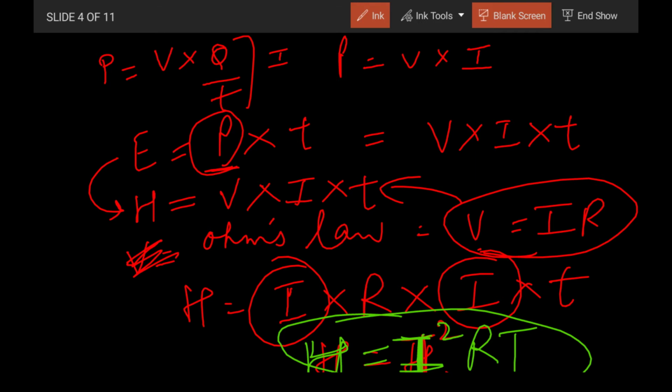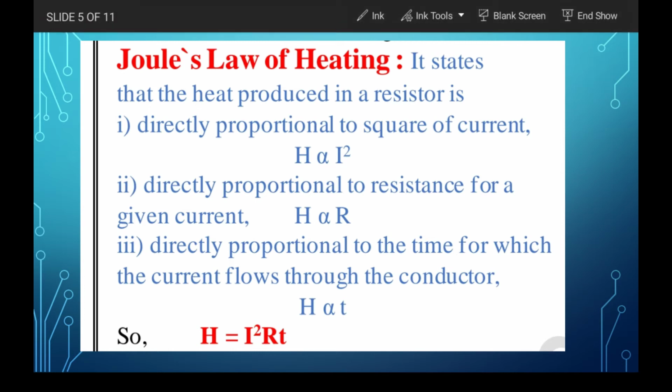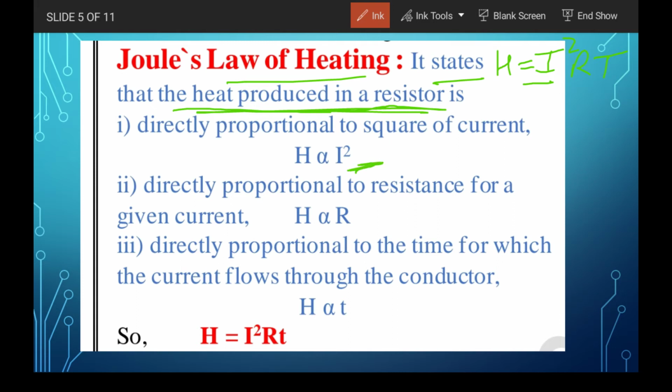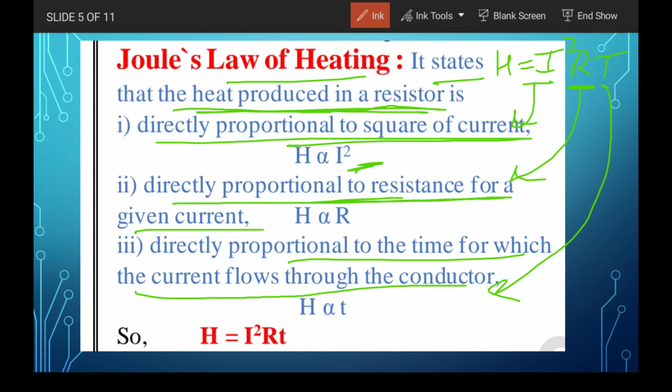So this is your Joule's law of heating. Moving further, Joule's law of heating states that the heat produced in the resistor is directly proportional to I square, the square of current, directly proportional to R, the resistance, for the given current, and directly proportional to the time for which the current flows through the conductor.